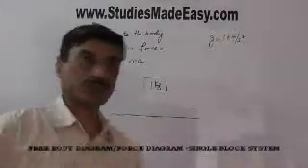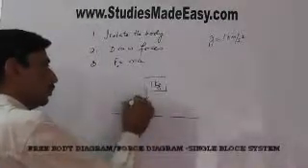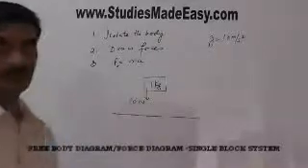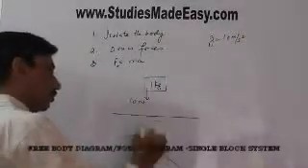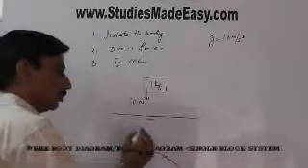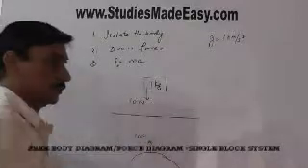What are the forces which are acting on the body? One external force which is acting is that the Earth applies a force of 10 Newton, m into g, onto the body. If the Earth applies a force of 10 Newton onto the body, the body also applies a force of 10 Newton onto the Earth. Reason being, to every action there is an equal and opposite reaction.